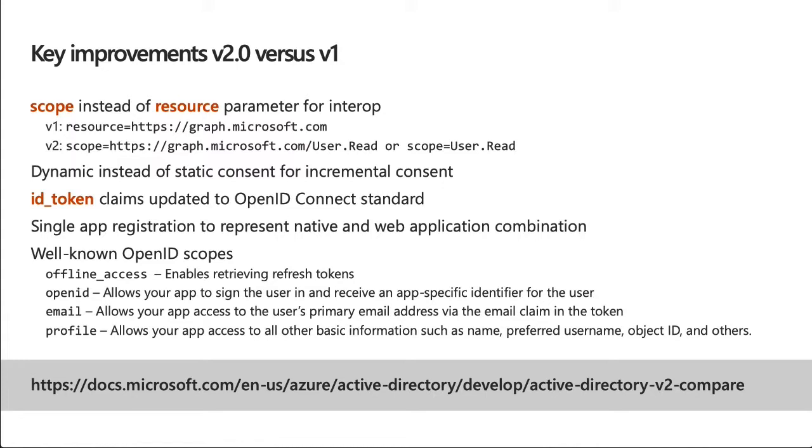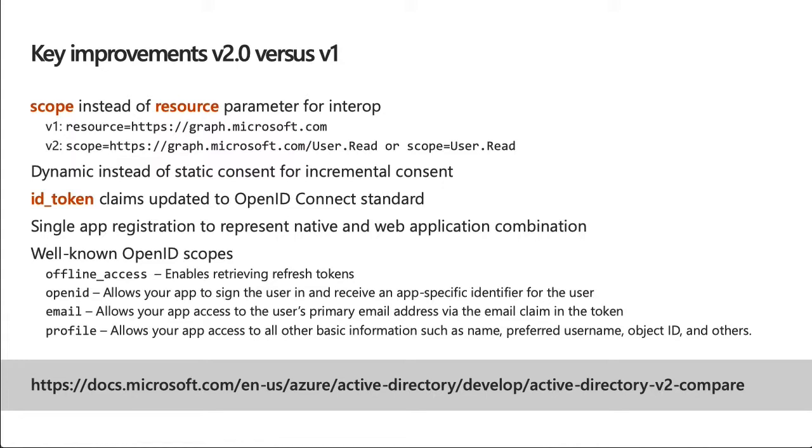And also in the past, if you needed a client application or a single page application or a web app or a web API or a daemon service, we had to create multiple Azure AD registrations and wire up each of the relationships between each one of those. And it was a bit of a pain. But now in the V2, this is going to enable us just one app registration across a single logical application.